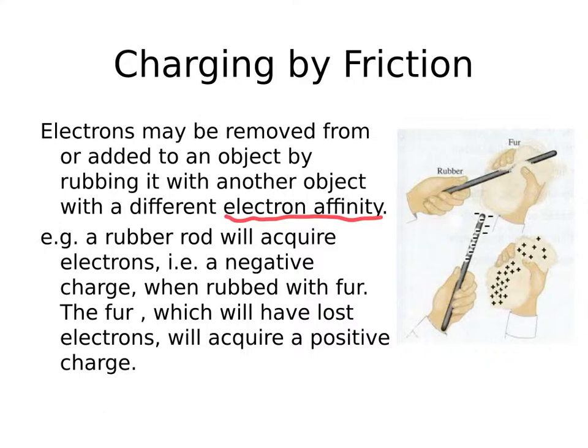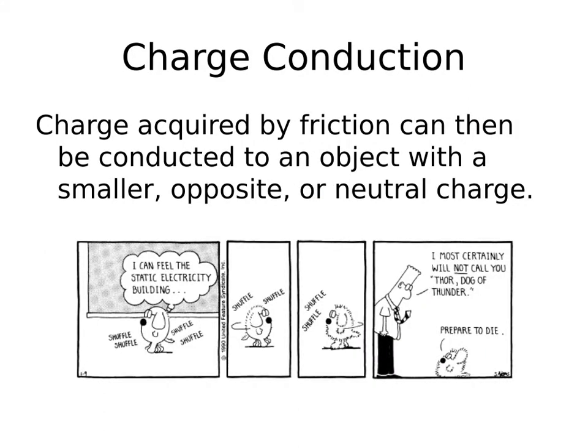It means that the rubber has a greater electron affinity than the fur does. The electrons will be transferred from the fur to the rubber. Now, any charge that's acquired by friction can be conducted to another object that has a smaller, opposite, or neutral charge.